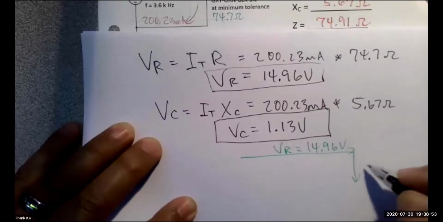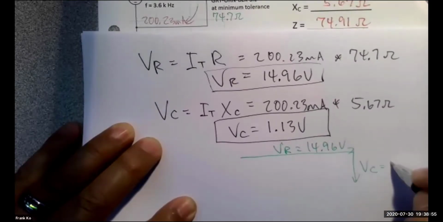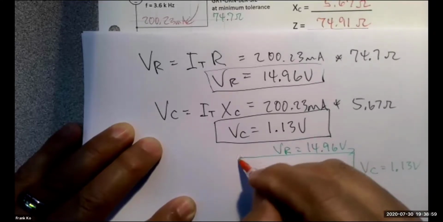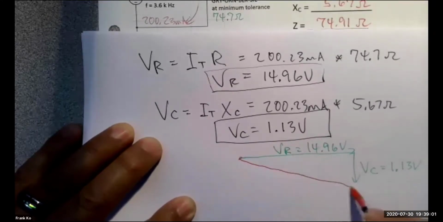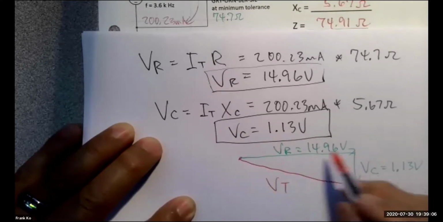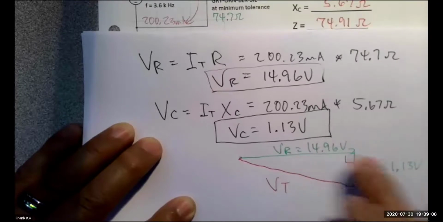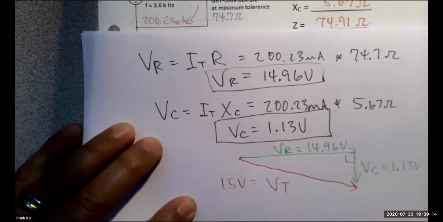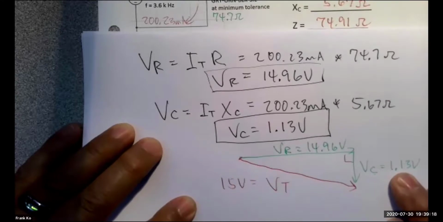And right down here, I have my VC of 1.13 volts. And I want from the origin to my destination a hypotenuse, which is my V total. So if I do Pythagorean theorem to calculate the hypotenuse, this should give me back my 15 volt source. Okay? I won't take the time to do that now, but that's how you double check these numbers.